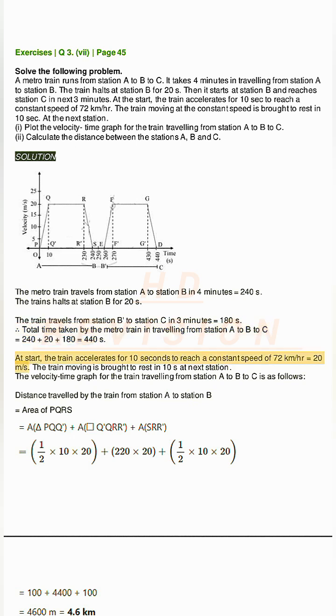At start, the train accelerates for 10 seconds to reach a constant speed of 72 km per hour equals 20 meters per second. The train moving is brought to rest in 10 s at the next station. The velocity time graph for the train traveling from station A to B to C is as follows. Distance traveled by the train from station A to station B equals area of PQRS.